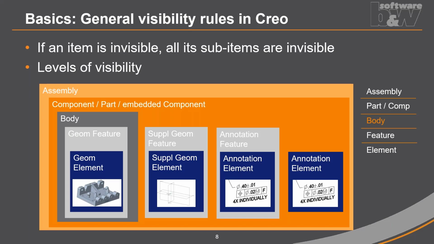On the very top, you have the assembly container that contains the components or even parts, with embedded components in Creo 8. And there is a new level of visibility living in a part. It's the body level. The body itself contains geometrical features, and these features contain geometry elements.